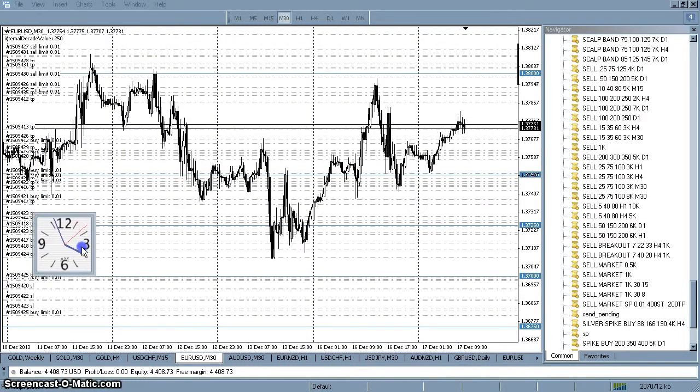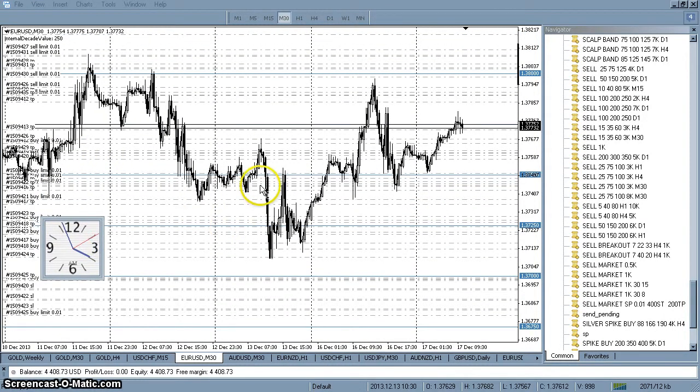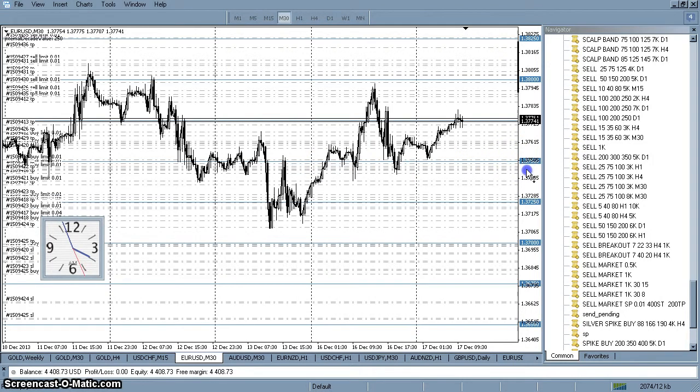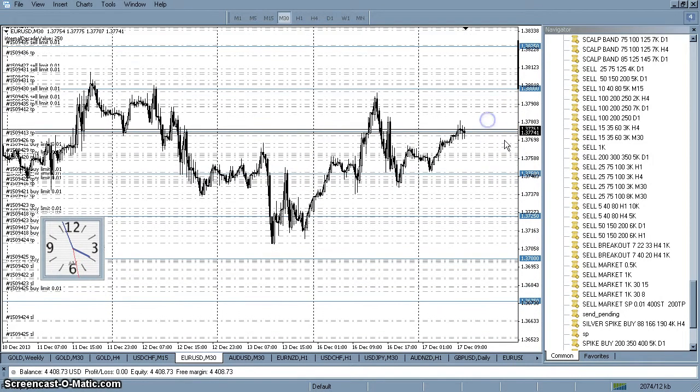And of course, I would prefer to be in the market for about this much time, 2 hours maybe. Like this goes up, comes back. That whole swing there, about 30 pips, 35 pips.